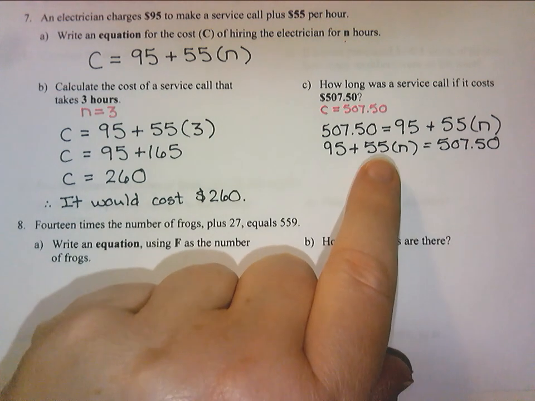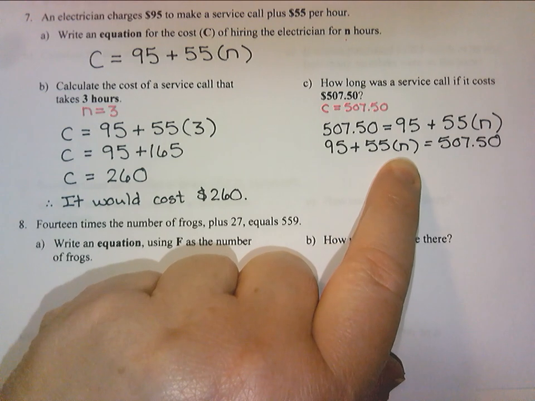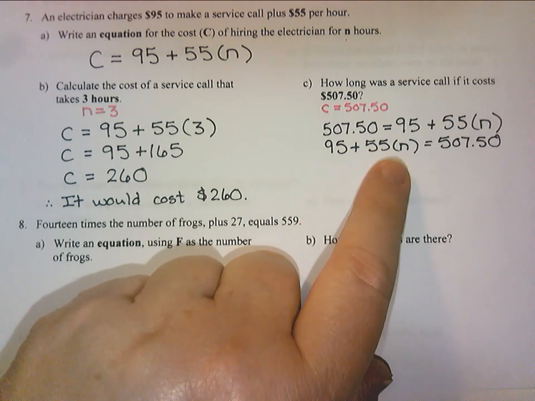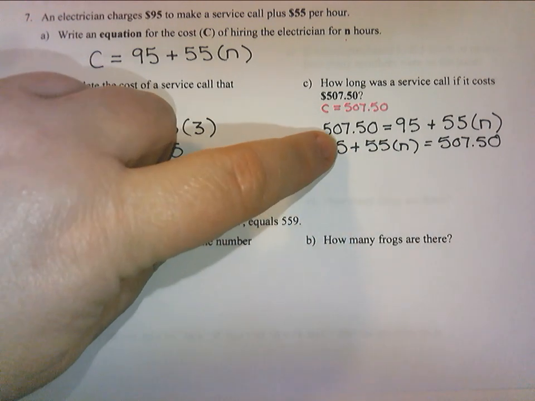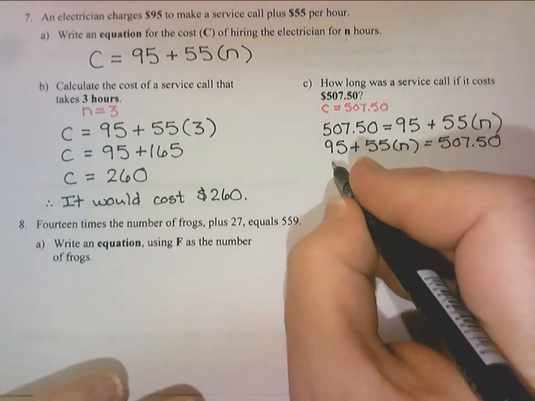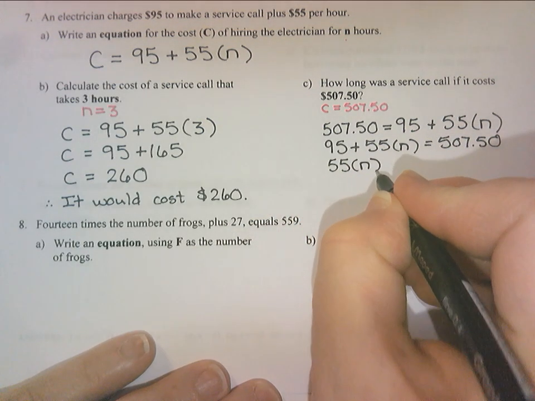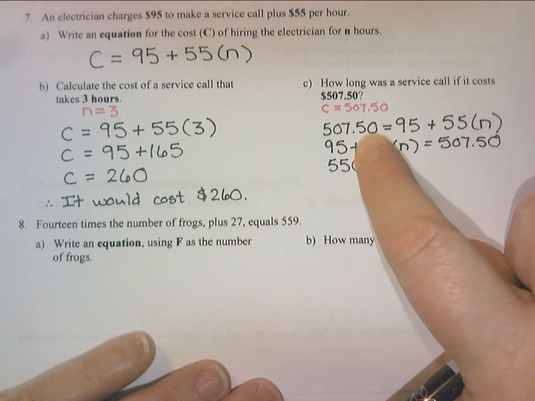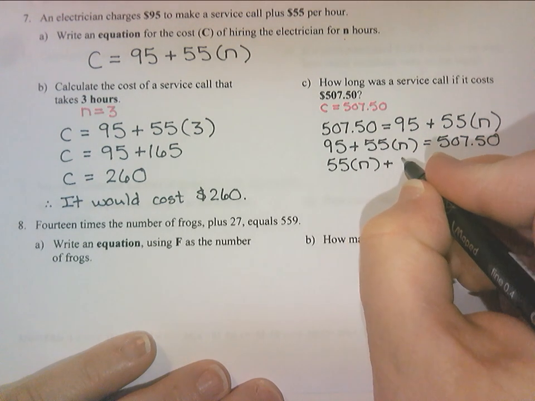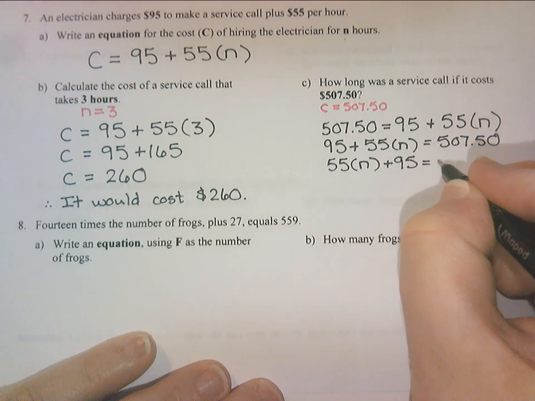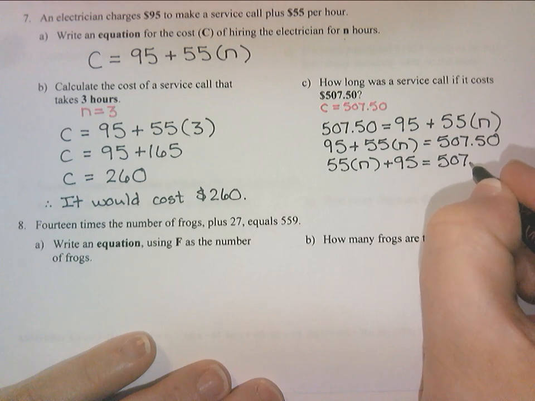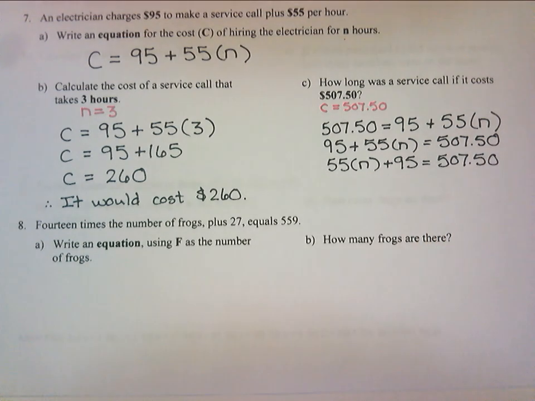I also prefer to have the term with the n first, so I think I'm going to reorder these. So the 55n is positive, and then that 95 is also positive. And now I think I'm ready to start solving.